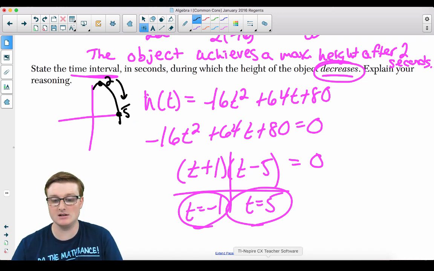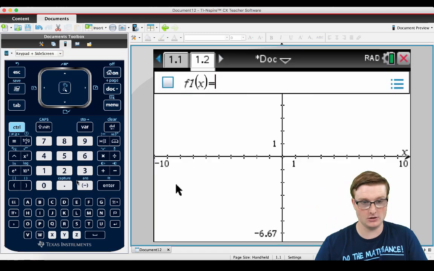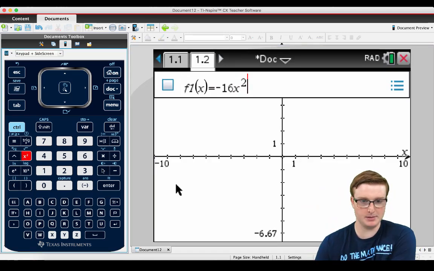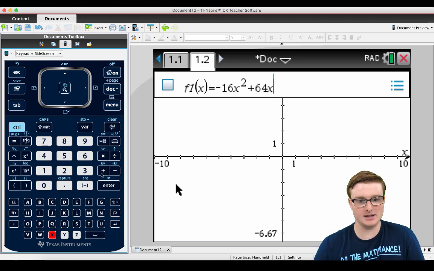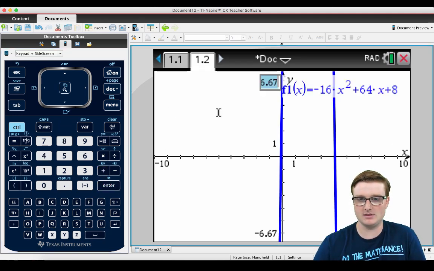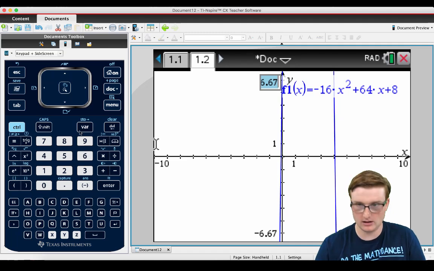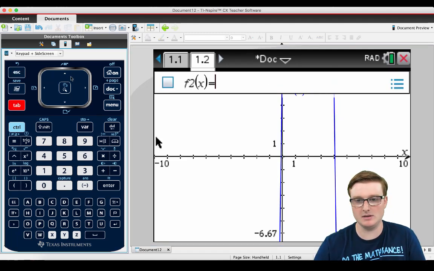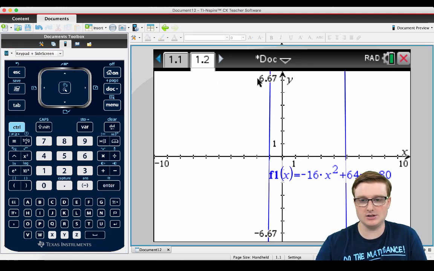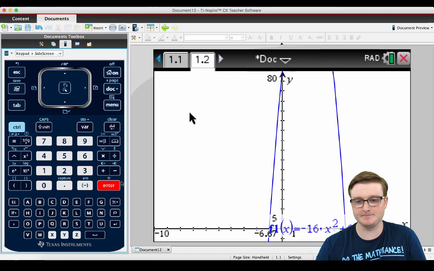And if you don't believe me, graph it. Graph negative 16x squared plus 64x plus 80, and you will see, let me just get up here for a moment. Did I just do plus 8? It should be plus 80. My apologies. Okay, so I'm going to go up here to a maximum height of 80. Look here.